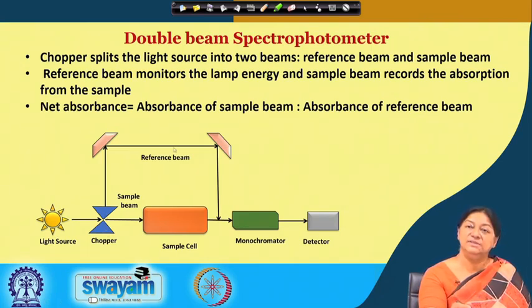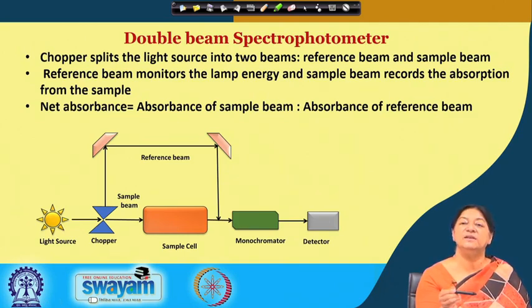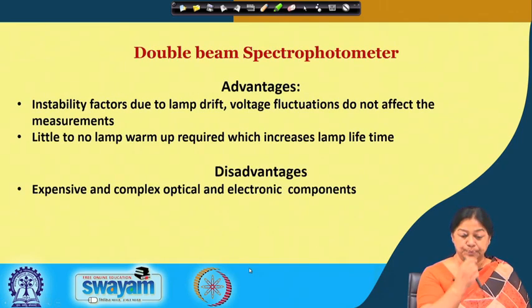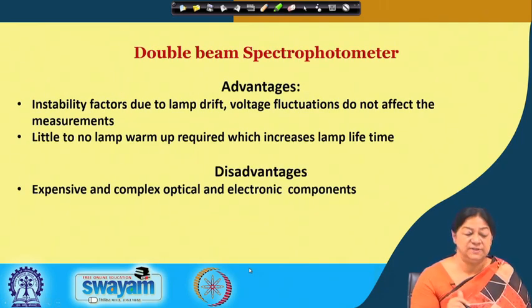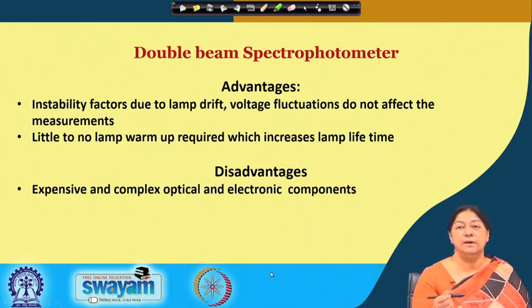We have a reference cell holder and a sample cell holder, and it automatically looks at the difference or the ratio between these, and then finds the contribution of the sample alone. The advantage of this is that voltage fluctuations do not affect it, and we have specific absorbance values that can be read off the instrument and used for calculations directly.